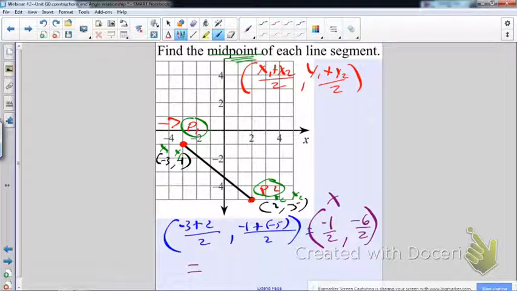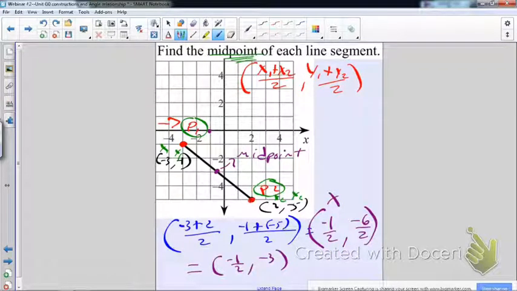So now, where is this point located? This point is located at -1/2, comma, -3, close parentheses. So we go negative a half. If this right here is negative 1, negative a half is between that, and it's located right there. Here is your midpoint of the line segment.